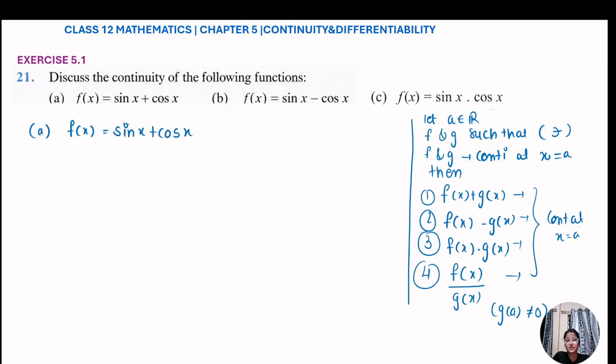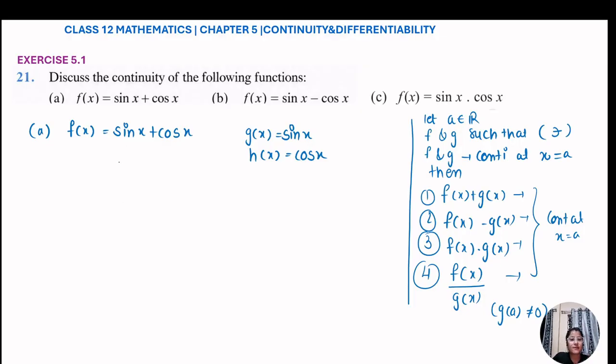If I take my g of x as the function sin x and h of x as the function cos x, and find that g is continuous at some point and h is also continuous at that point, then we can use this algebra that f of x plus g of x is continuous when f and g are both continuous at that point. So we're going to use this algebra only.